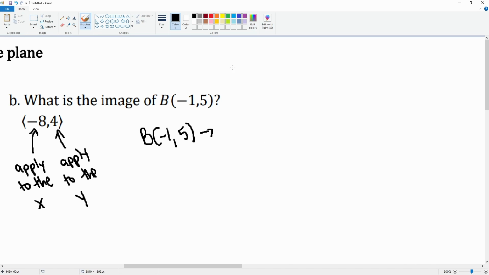What happens to the x? It's going to be a -8. What happens to the 5 for the y? There's going to be a +4. As a result, the new image B prime would be -9, 9.